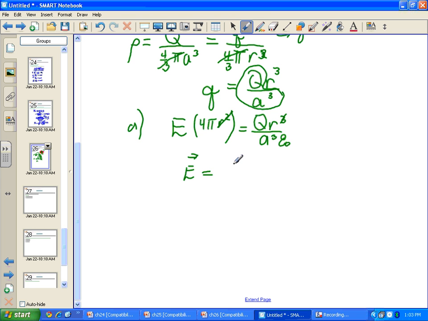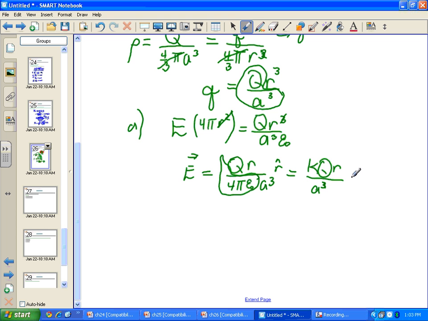The electric field will be given by Q times R divided by 4 pi epsilon naught a cubed. Now, 1 over 4 pi epsilon naught is equal to K. And so another way that we may write this expression would be K Q R over A cubed.